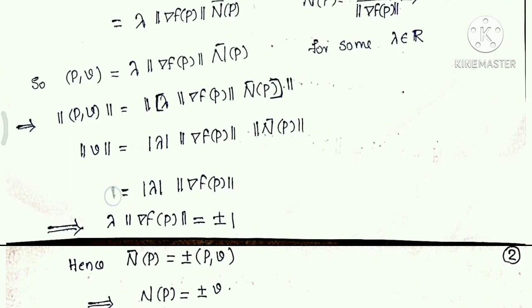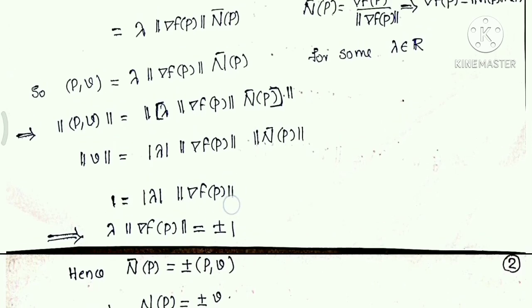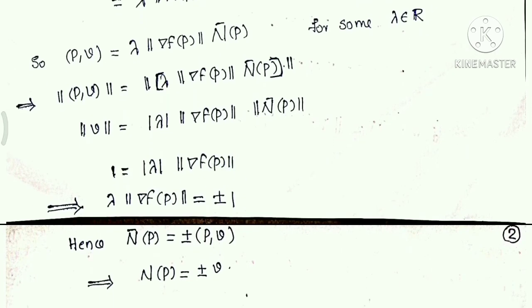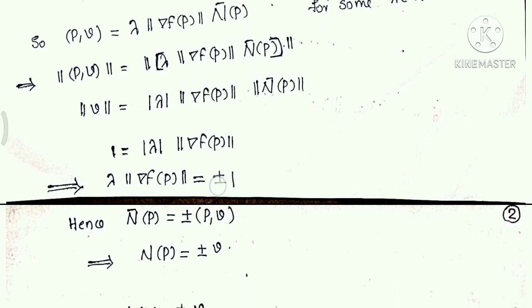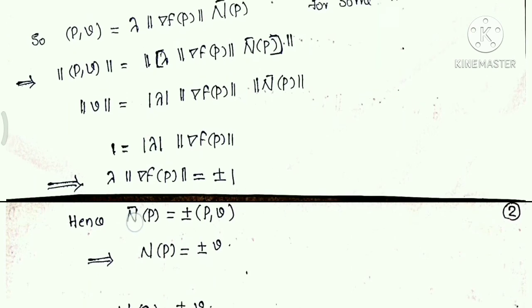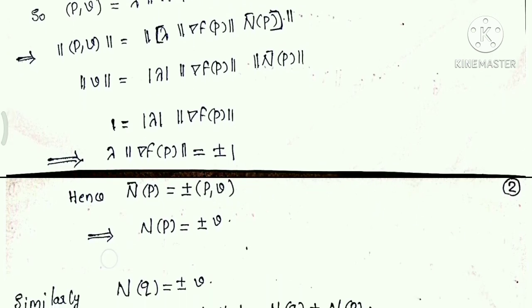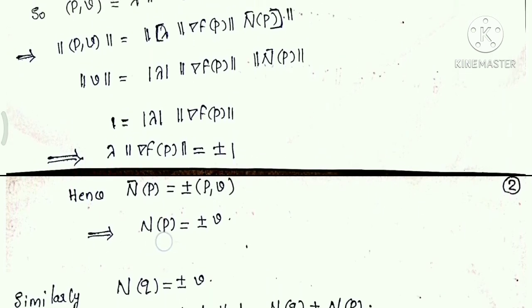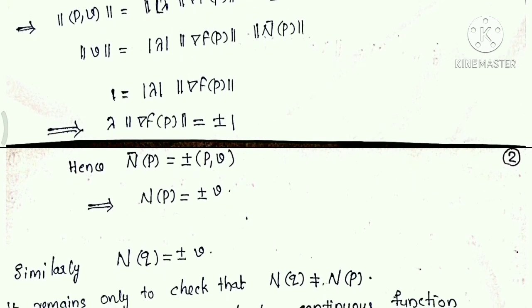So 1 is equal to modulus of lambda times norm del f(p), which implies lambda times norm del f(p) is equal to plus or minus 1. Hence n(p) is equal to plus or minus v, which implies the Gauss map n(p) is equal to plus or minus v.